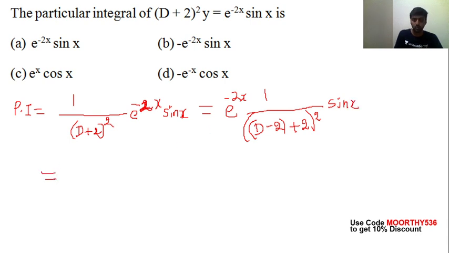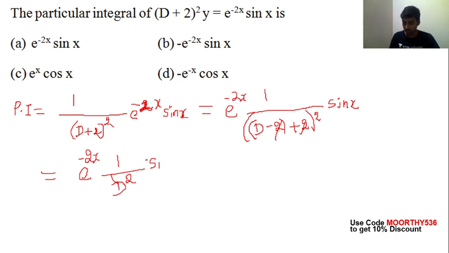Now the minus 2 and plus 2 cancel, so we get e power minus 2x into 1 divided by D square into sin x.